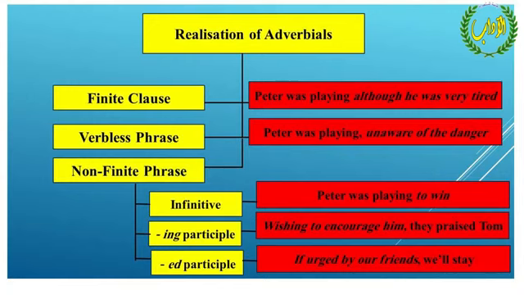Infinitive as in Peter was playing to win. Ing participle as in wishing to encourage him, they praised Tom. Ed participle as in if urged by our friends, we will stay. So in these three sentences, to win, wishing to encourage him, if urged by our friends, all are non-finite phrases.